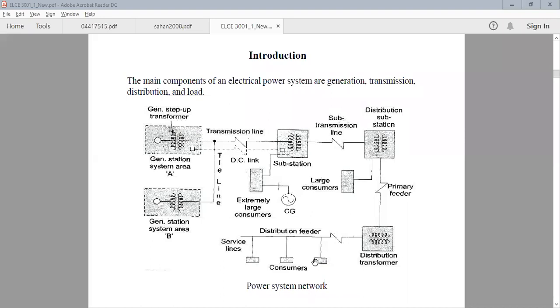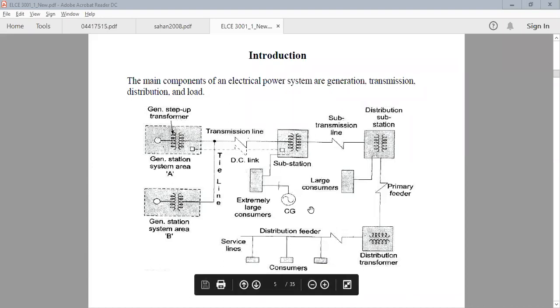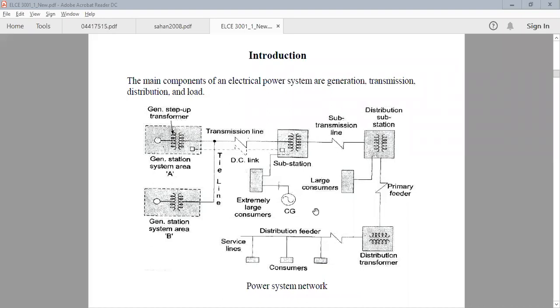Commercial loads consist largely of lighting, heating, and cooking. These are the main components of an electrical power system. This is a small amount of information about them.